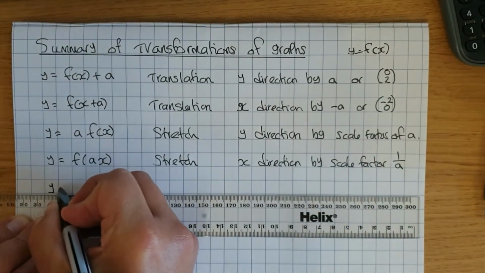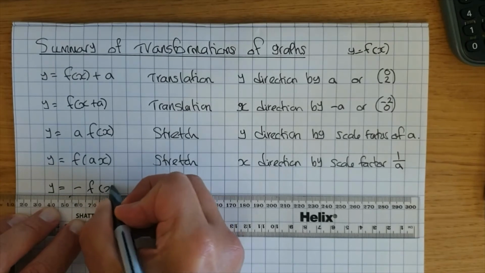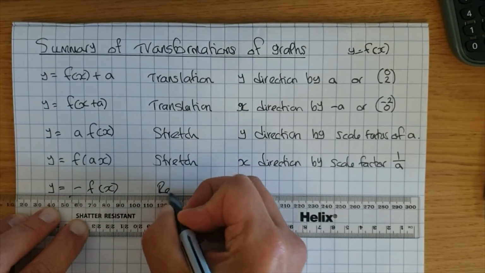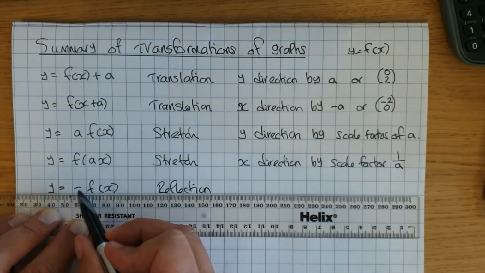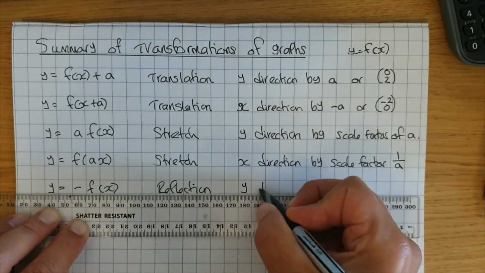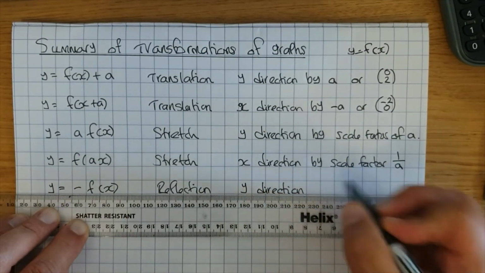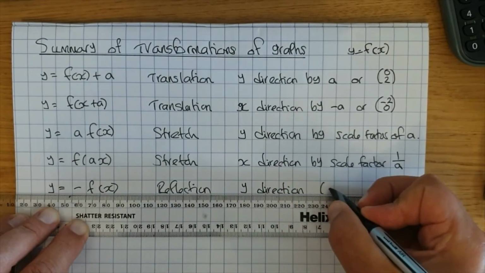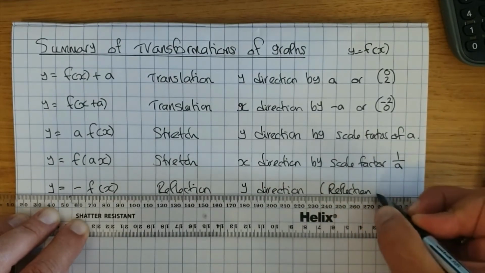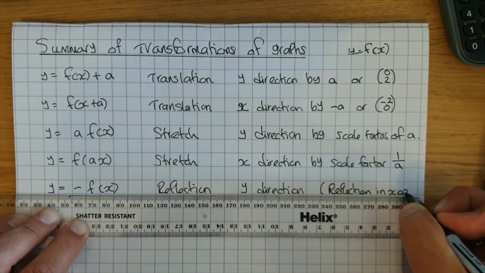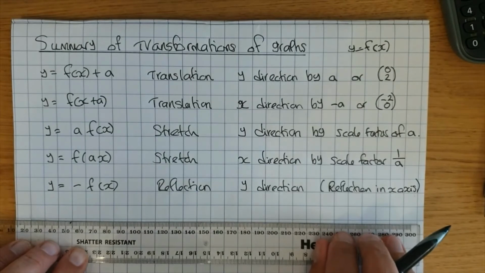And then finally, we have the two reflections. Y equals minus f of x, which is a reflection. This is outside the function, so it's in the y direction. So if it's in the y direction, it's a reflection in the x-axis, because it's in the y direction, up, down.